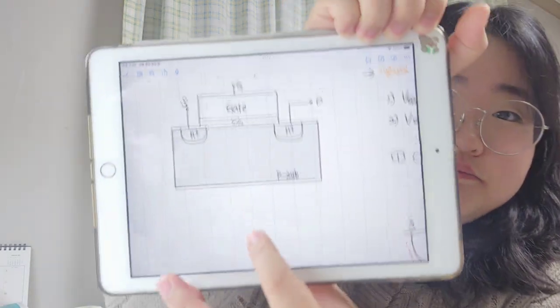But when we inject some dopant into the MOS structure, we can make a MOSFET. MOSFET is the field effect transistor. So we can make structures like this.